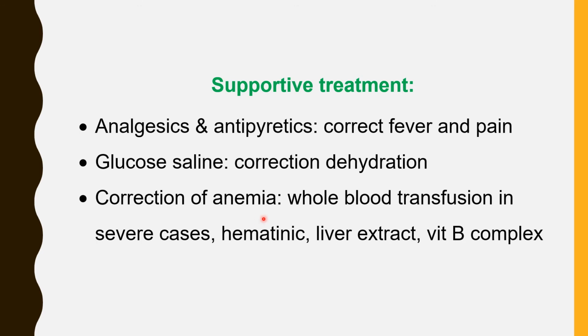In severe cases, whole blood transfusion is indicated. Hematinic preparations which contain iron, calcium, copper, cobalt, folic acid, liver extract, which are also hematinics, and vitamin B complex help for the early recovery of the clinical case.